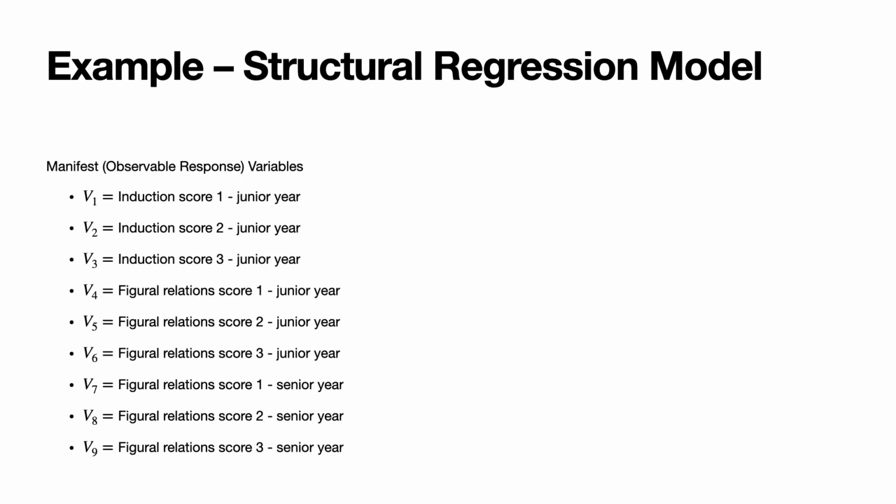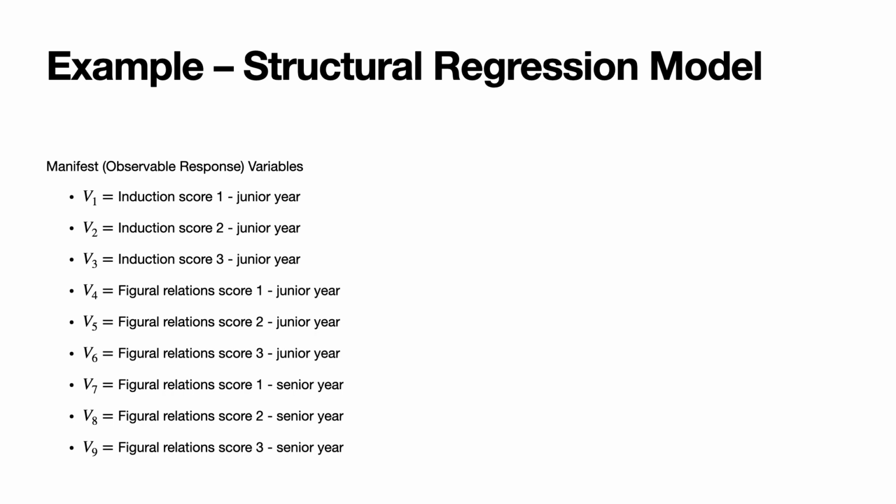Next, we identify the manifest variables in the model. You'll recall that manifest variables are observable and therefore measurable variables. Now, V1 through V3 represent 3 induction scores during the junior year: induction score 1, induction score 2, and induction score 3.